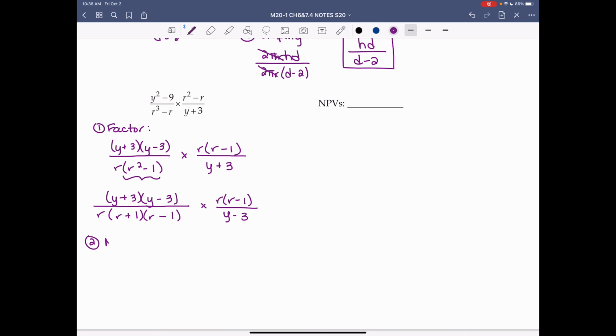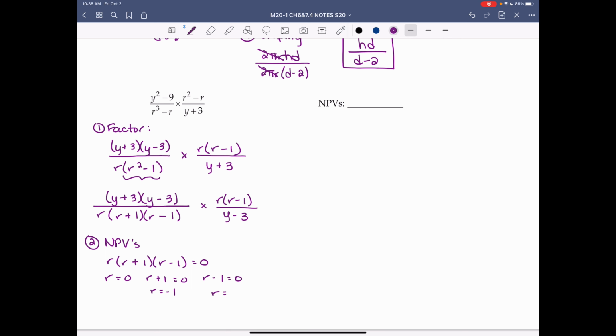Step 2, NPVs. Looking at the denominator on our first fraction, we have r times r plus 1 times r minus 1. We want to know when is that equal to 0. We break it up into each of the factors. When is r equal to 0? When r is equal to 0. When is r plus 1 equal to 0? When r equals negative 1. When is r minus 1 equal to 0?